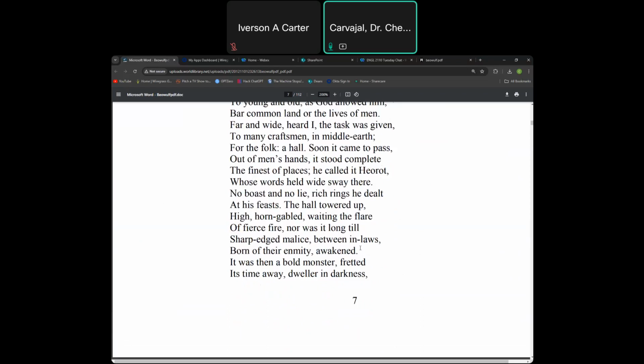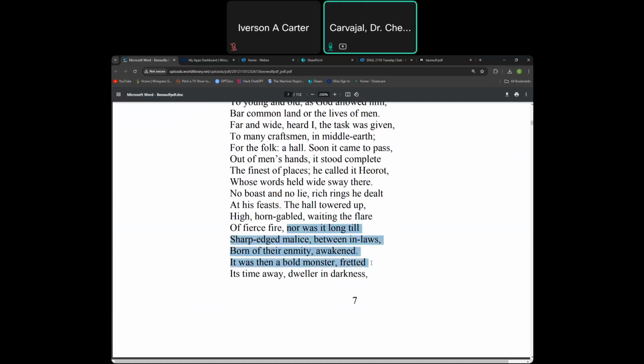But because they were in there partying, feasting and having a good time, it woke up something else. It even says, "Nor was it long till sharp-edged malice between in-laws, born of their enmity, awakened.